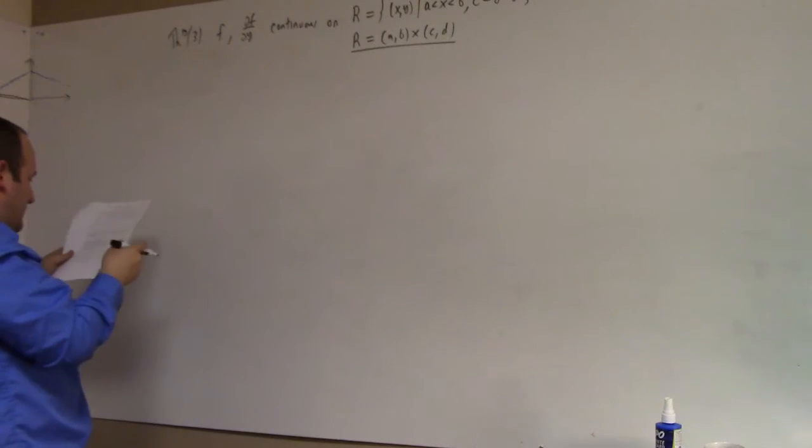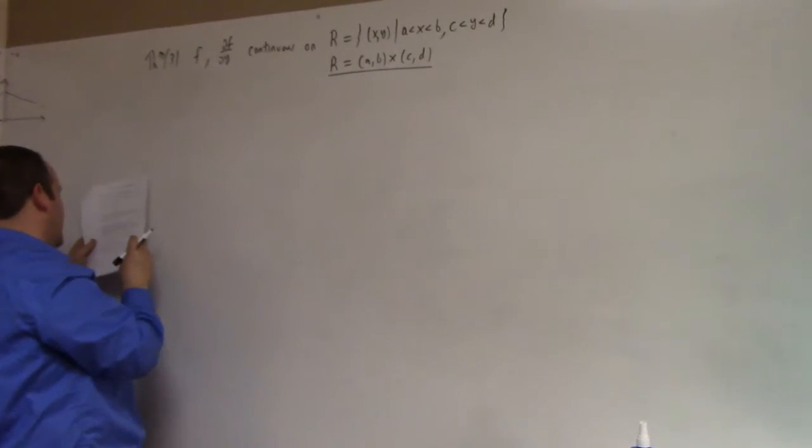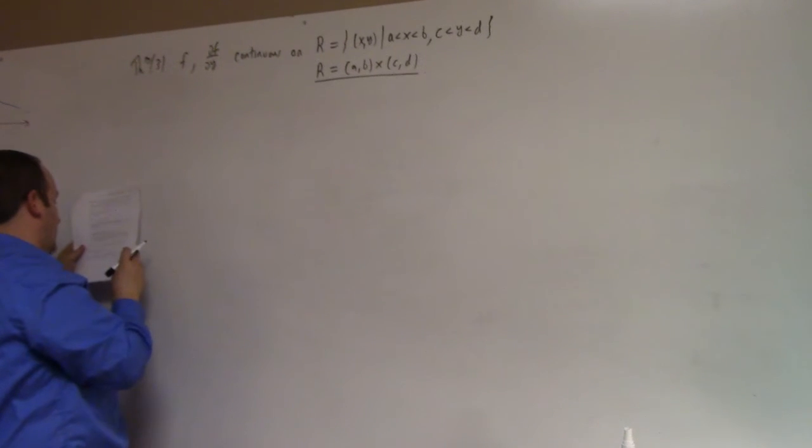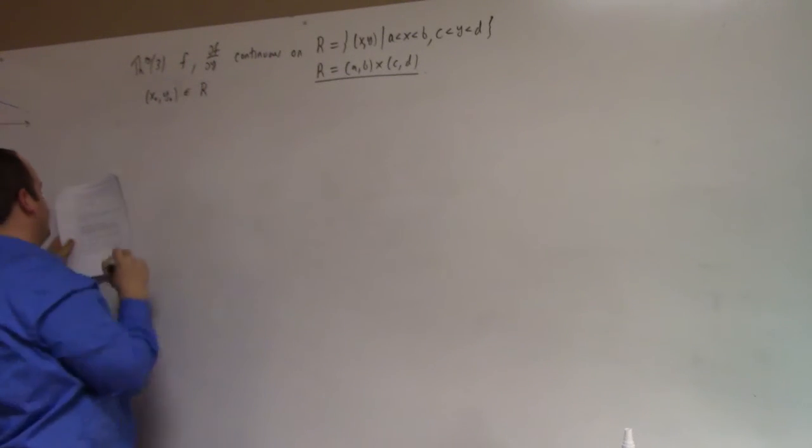Sorry. Contains a point. Isn't this nicer? I don't know. So suppose x naught, y naught is an element of this rectangle.